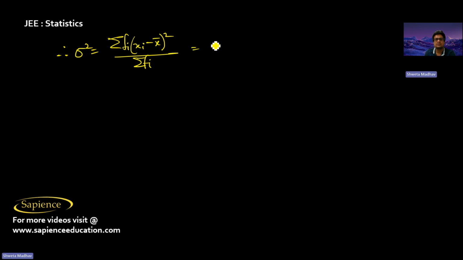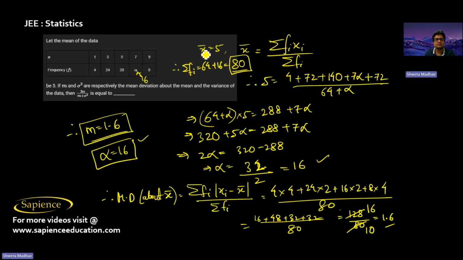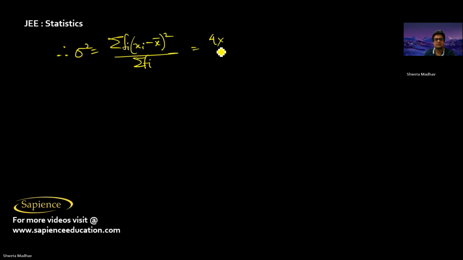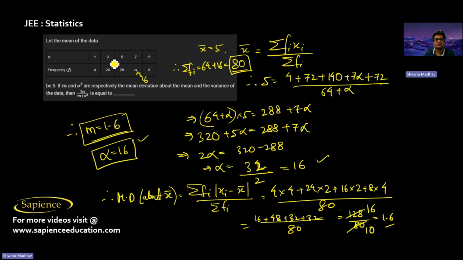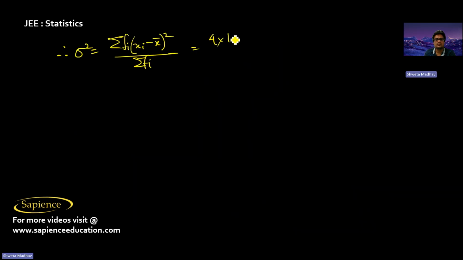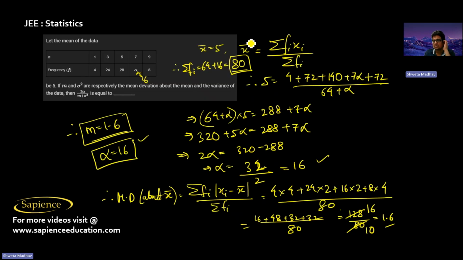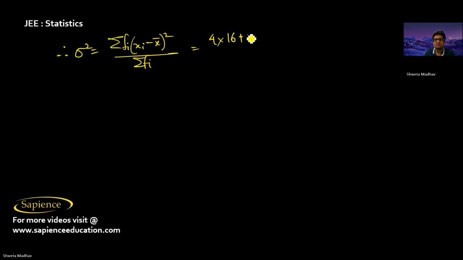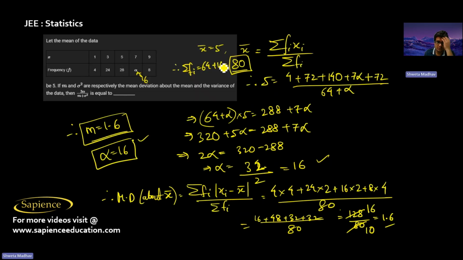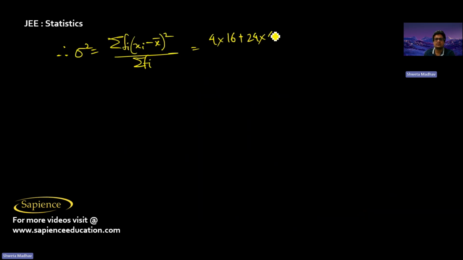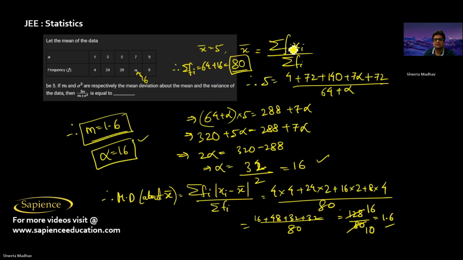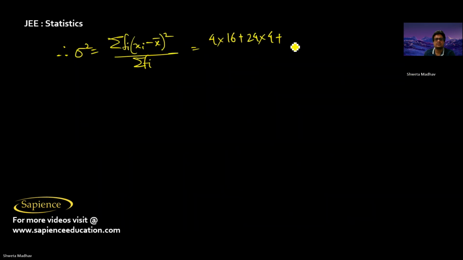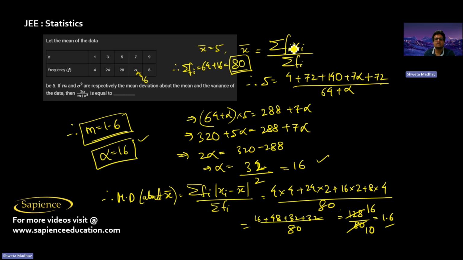So this will be 4 into minus 4 whole square, that is 16, plus 24 into 3 minus 5 whole square, that is 4, plus 28 into 5 minus 5 whole square, that is 0.